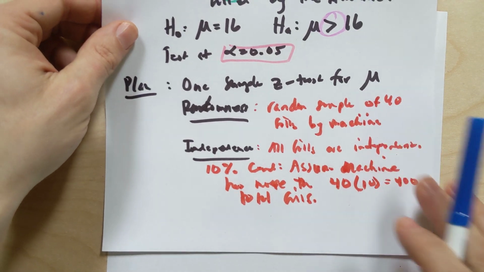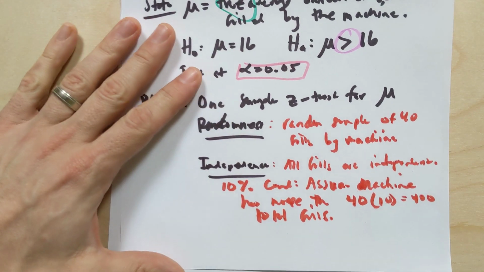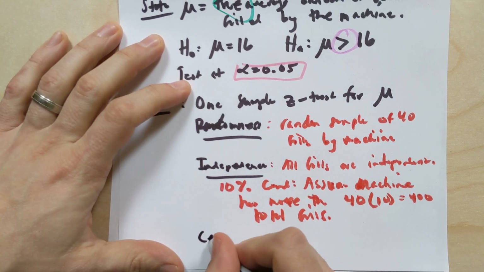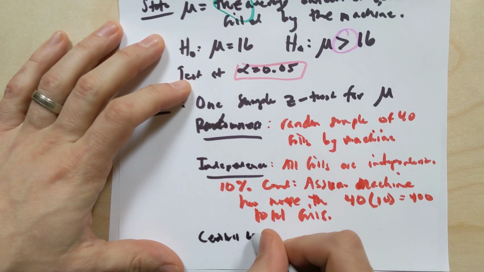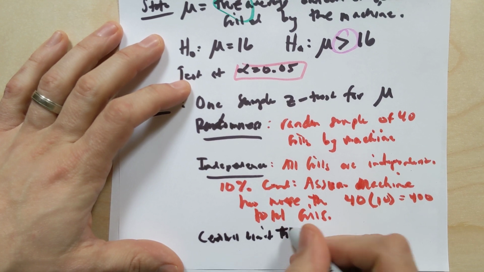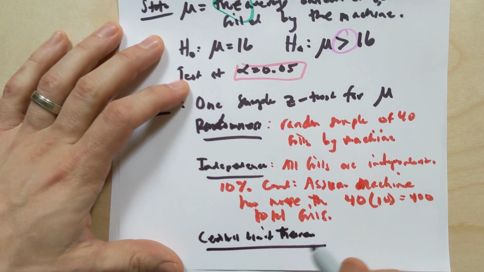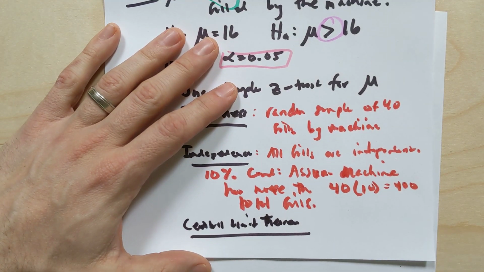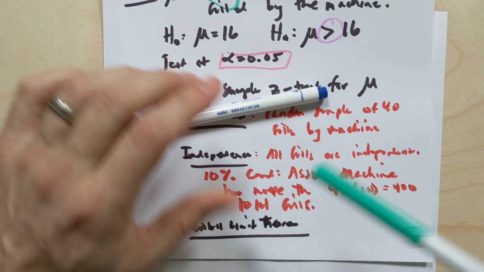Now, the last thing we need to check has to do with the shape, and the actual distribution itself. In this case, we'll check the central limit theorem. That's because we're dealing with a situation where we knew the population standard deviation. To check the central limit theorem, we're going to check our sample size. I'll use green this time.